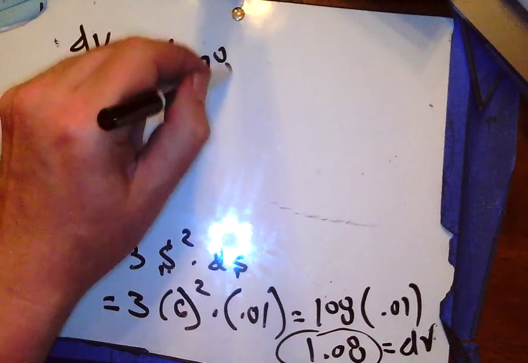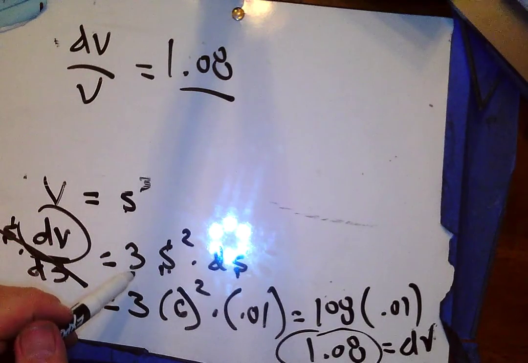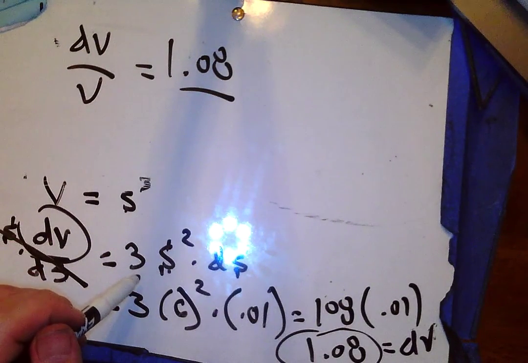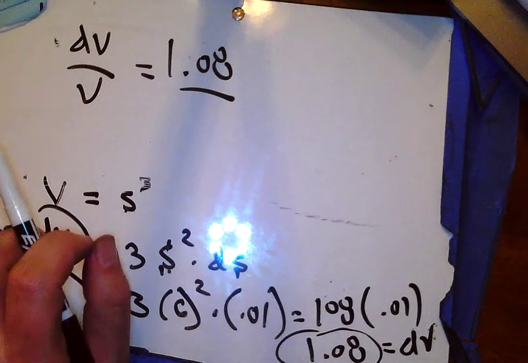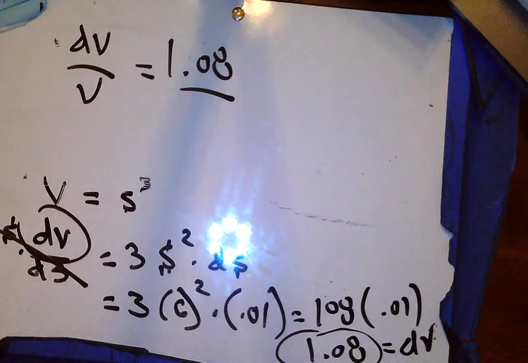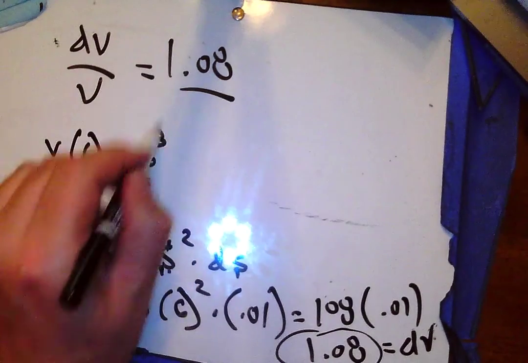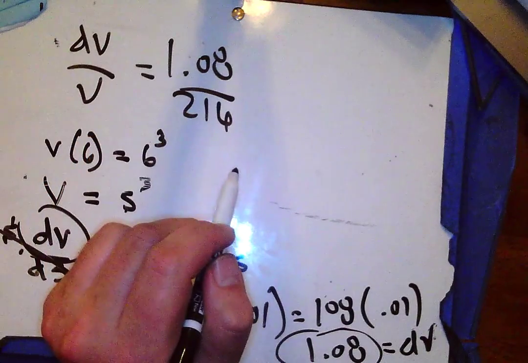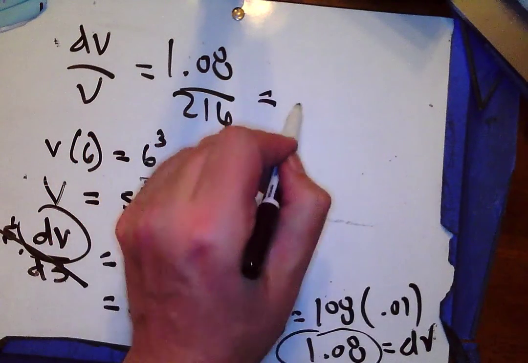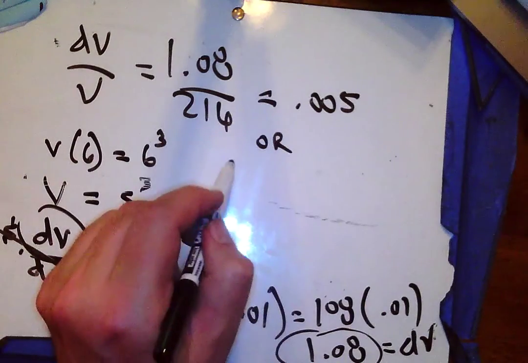So we've got 1.08, and we had a side length of 3, wasn't it? Oh, maybe that's why this seems familiar, because I was looking in the wrong place. No, 6 to 6.01. So our v of 6 is 6 to the third, or 216. So that turns out to be 0.005. Or, how do I understand it?